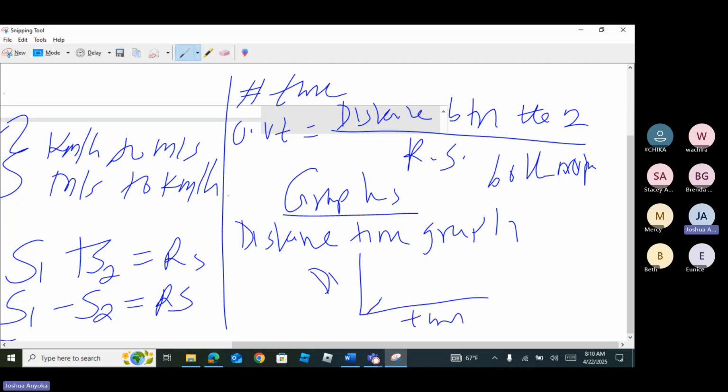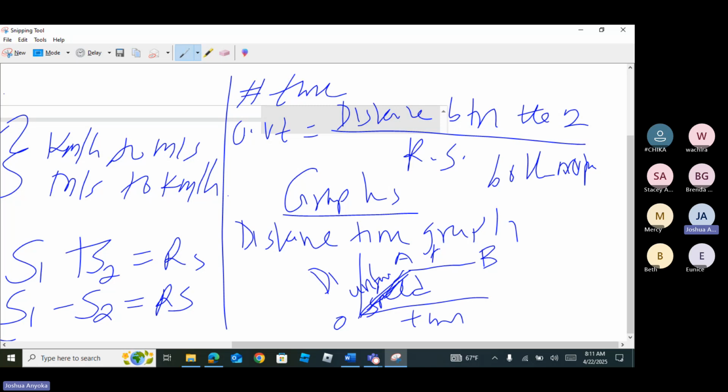So it has maybe a straight line. How can we describe this motion from O to A and then to B? From O to A, the vehicle is moving at a uniform speed.